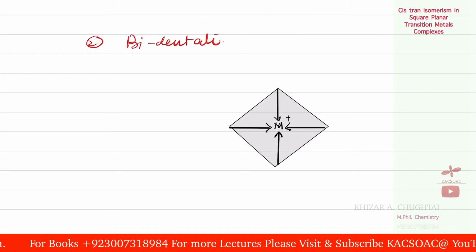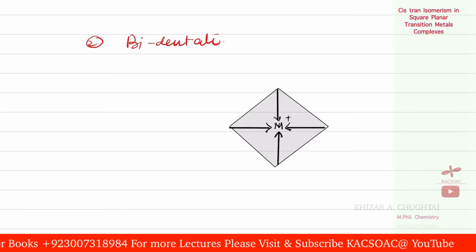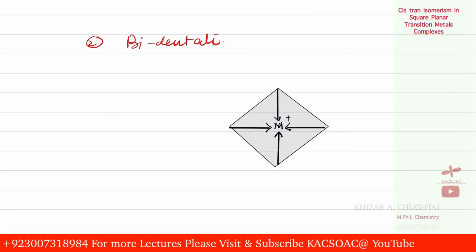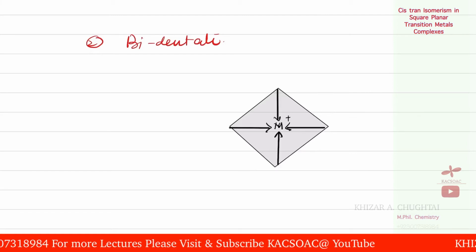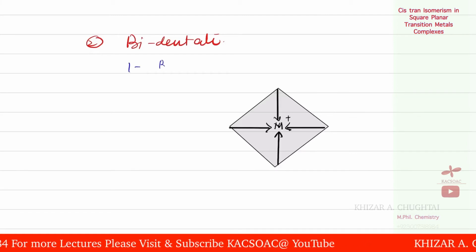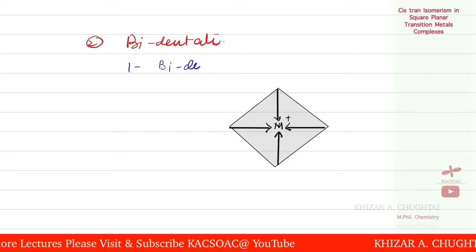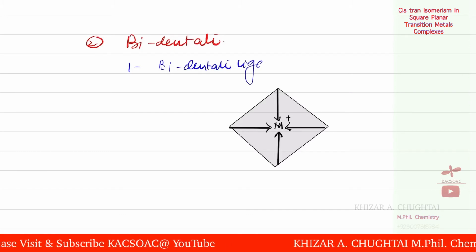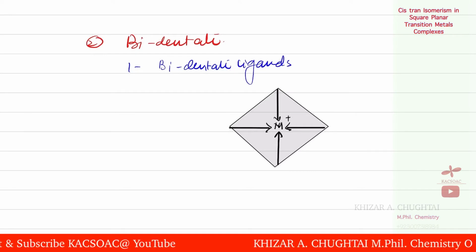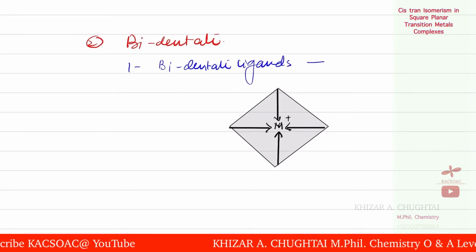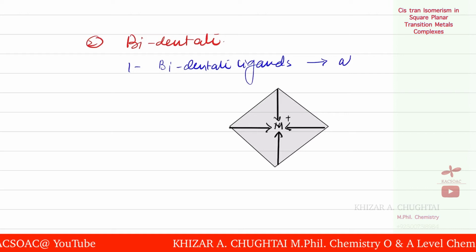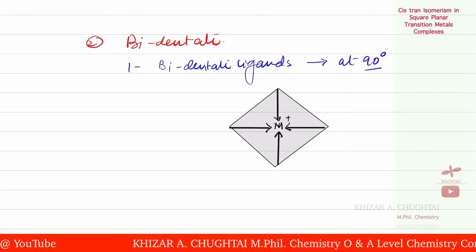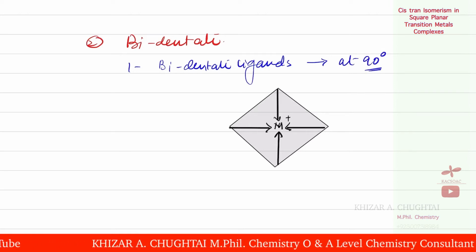In the case of bidentate ligands, there are basically two prerequisites or two major postulates. Number one, bidentate ligands make their dative bonds at a 90-degree bond angle.